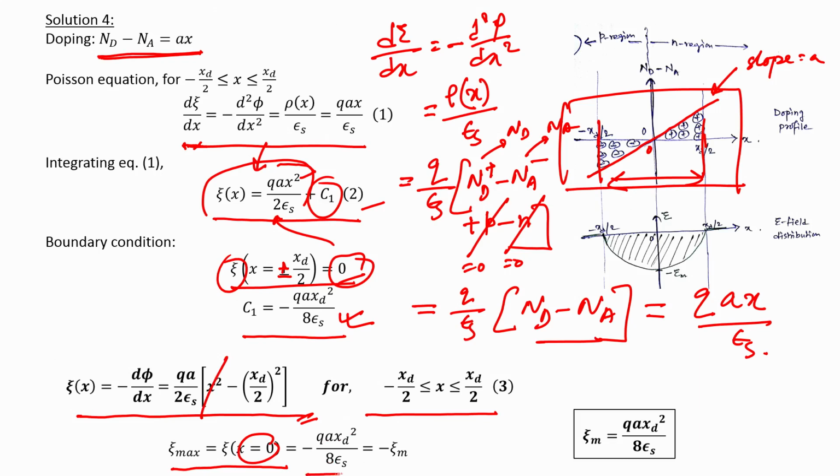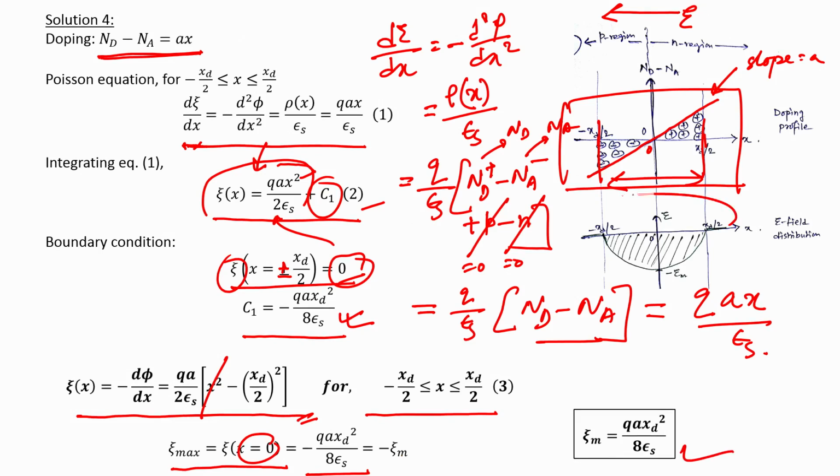It is negative, because the field is directed from the n region to the p region. So the electric field here is negative and the peak electric field hence is also towards the negative axis. So you can find the magnitude of the peak electric field as this.